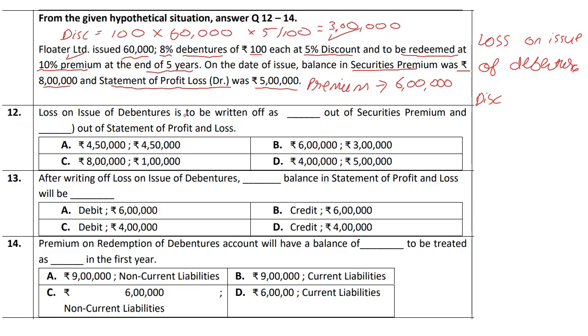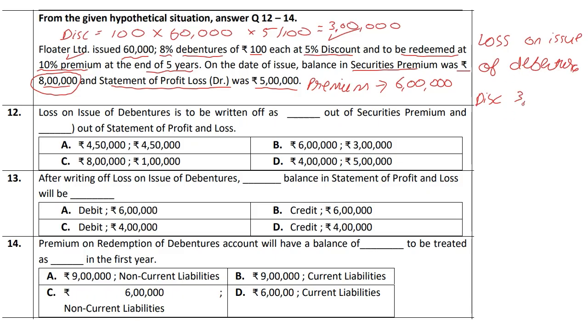Right, so loss on issue of debentures is to be written off as dash out of the securities premium and dash out of the statement of profit and loss. Remember that how much ever securities premium is there, that much can be used. So how much of securities premium exists? We have 8 lakhs. How much is the total loss on issue of debentures?